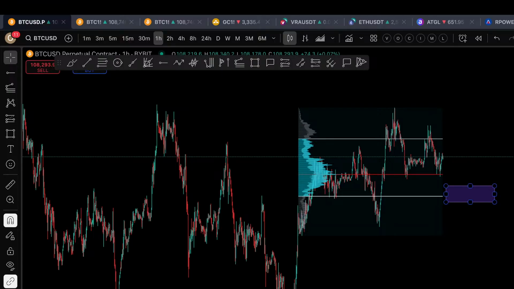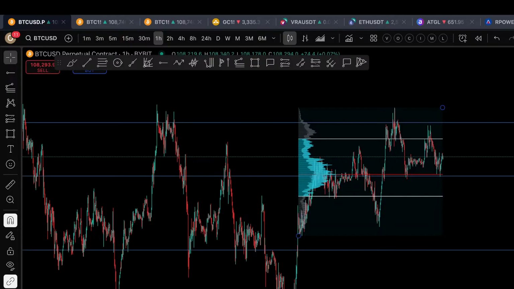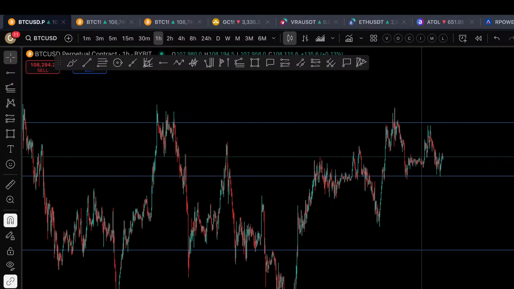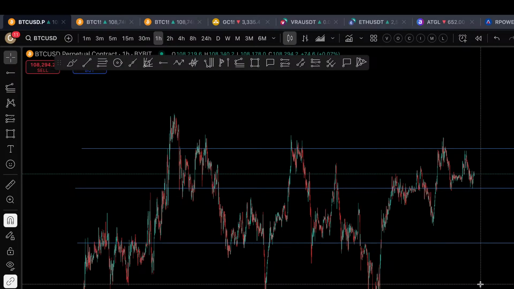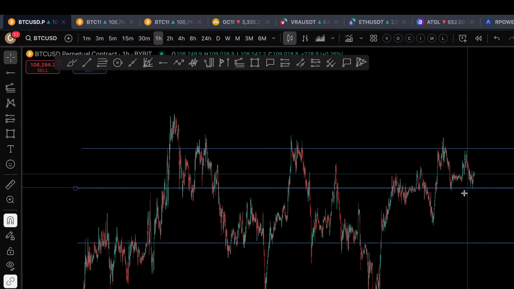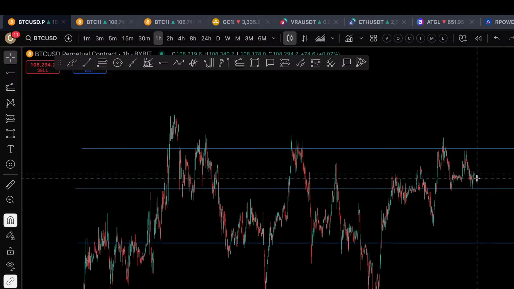Also to keep in mind that we are in a larger range, which is, okay, first I'm going to remove all of this. We're also in a larger range, which is this, and no matter how much we want this to go up and blast off, we cannot forget that price ranges in values.